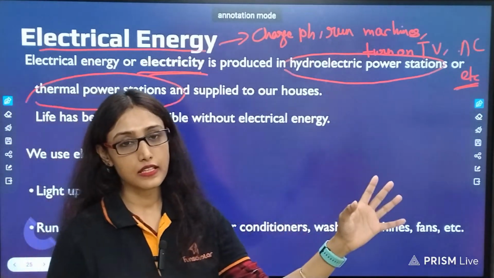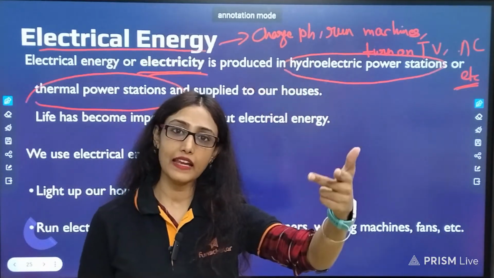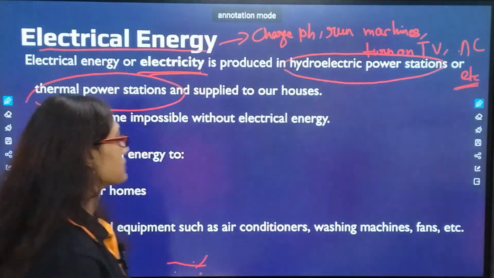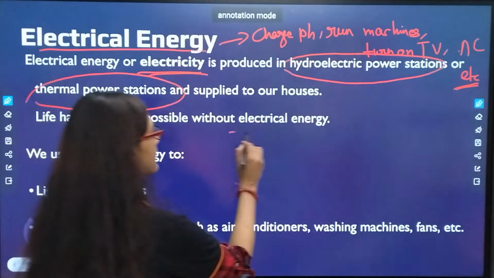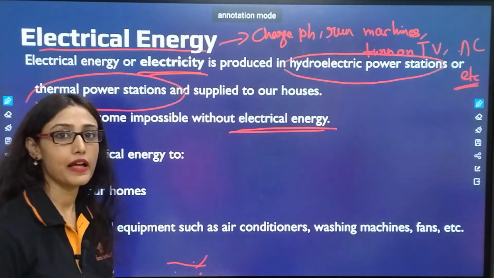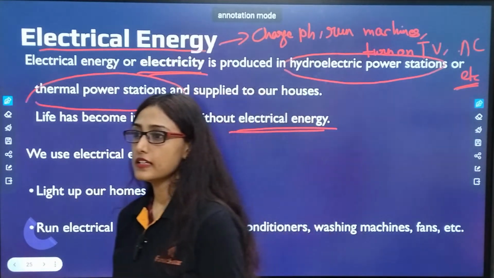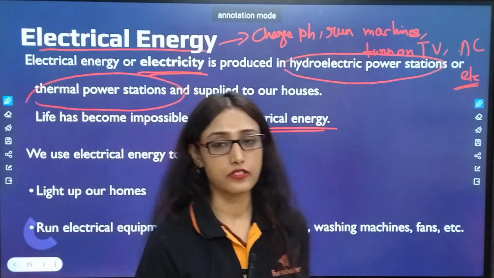Okay, electric energy can be used in the form of light energy and also to run other equipment. Life has become impossible without electric energy. Just imagine, if we have 1 hour of load shedding, we feel disgusted. We cannot live without electricity.